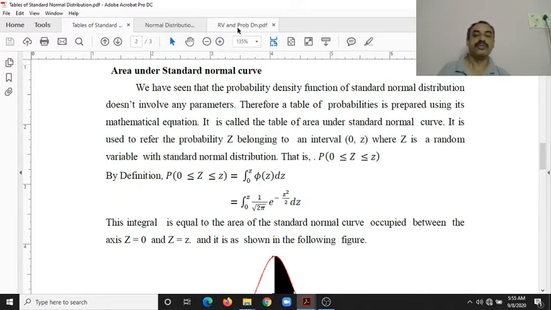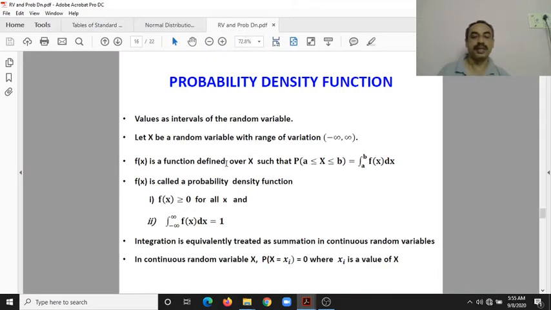By definition of the probability density function, a function f of x is said to be a probability density function if the probability of x between a and b equals integral a to b f of x dx.